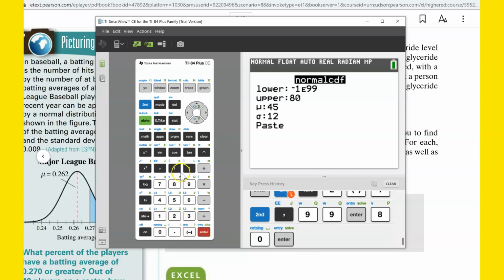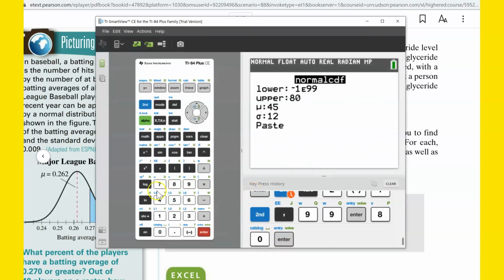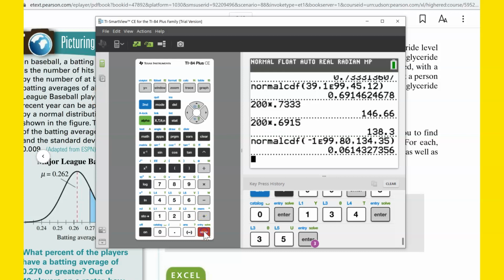The mean in this case, wasn't 134? I can't remember. Let me look back. 134 and 35. 134 for the mean. 35 for the standard deviation. And we got our answer, 0.0614.